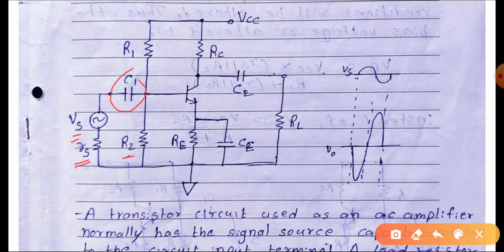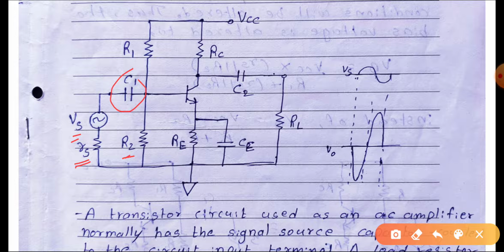That means this will shift your operating point, or you can say Q point. When the Q point is shifted, the amplification of your signal will be altered. When the Q point is shifted from its middle position, you will not get a specified amplification.